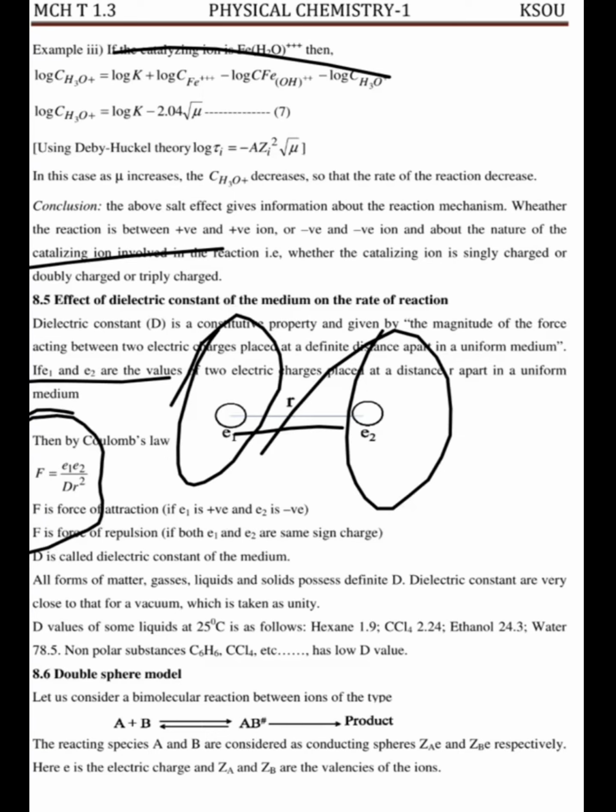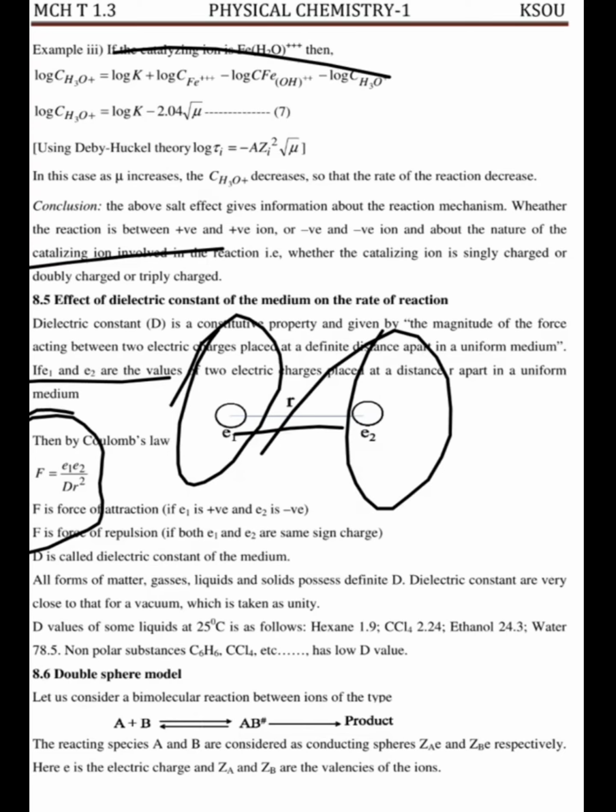What does Coulomb's law state? The magnitude of the electrostatic force of attraction or repulsion between two point charges is directly proportional to the product of the magnitude of charges.